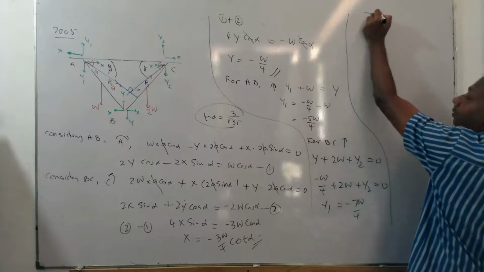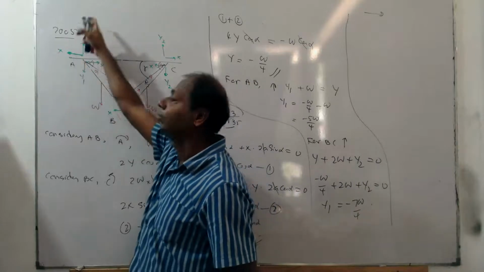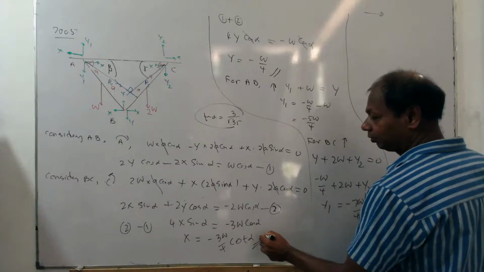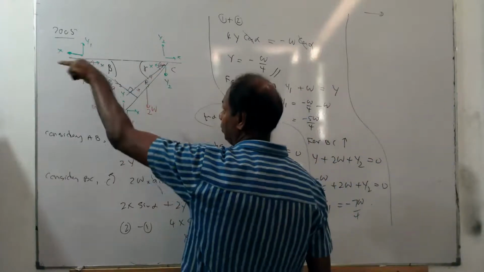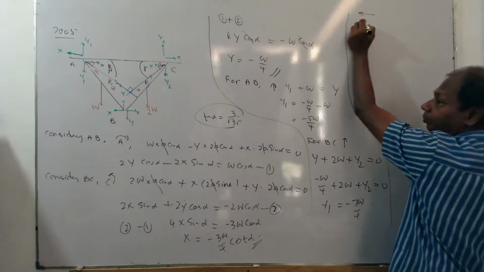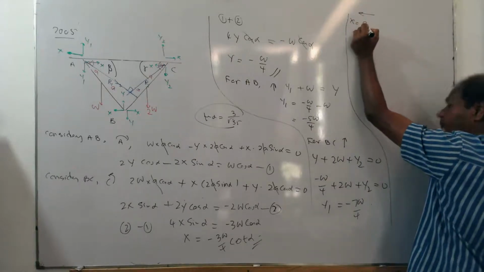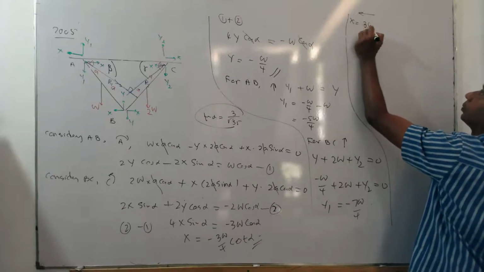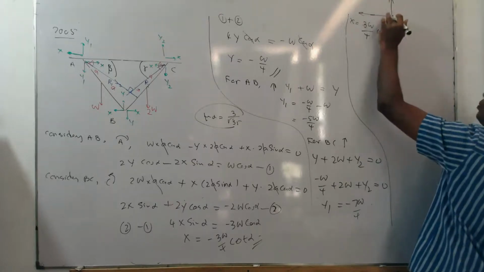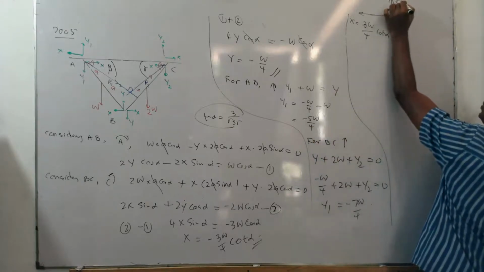Tan beta, with x and y1. X is also negative, so I mark it this way, it should be going away, in this direction. And y1 should be going up, 5w over 4.